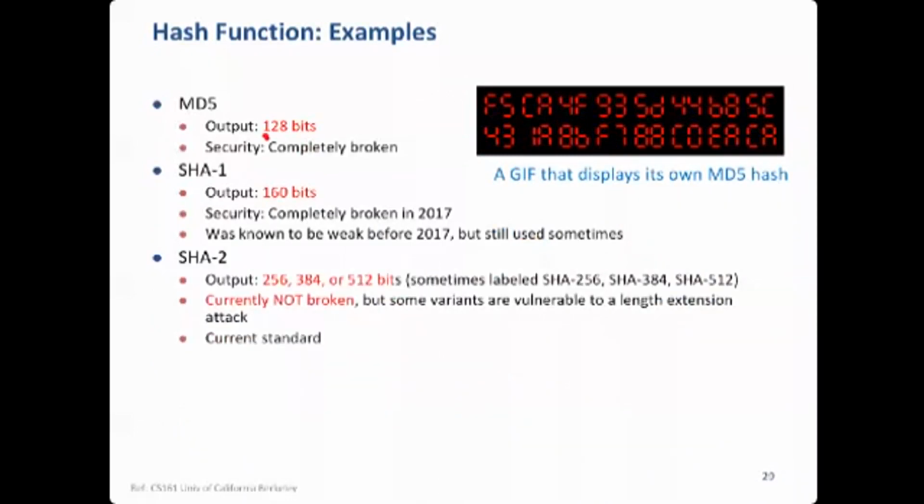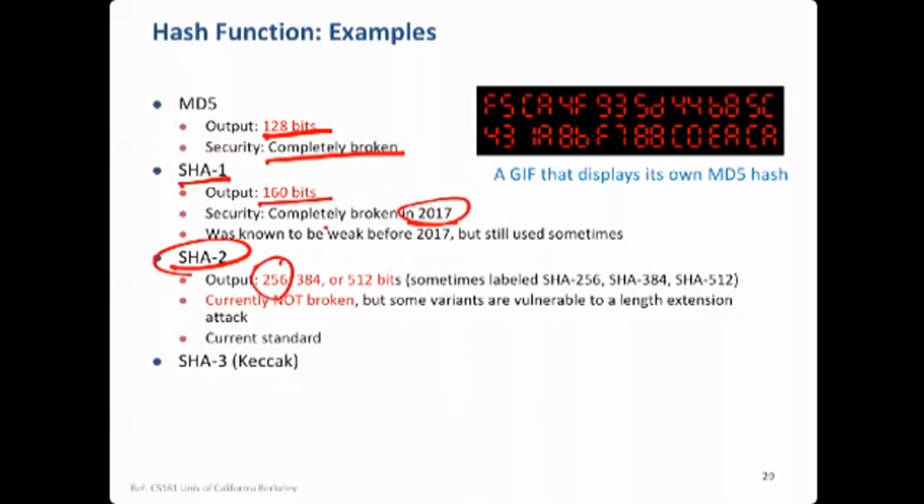MD5 has an output of 128 bits and is completely broken. Then SHA-1 has a hash output of 160 bits and was completely broken in 2017. SHA-2 has an output of 256 bits minimum. Note that the length is increased.